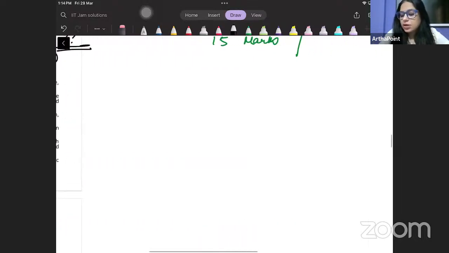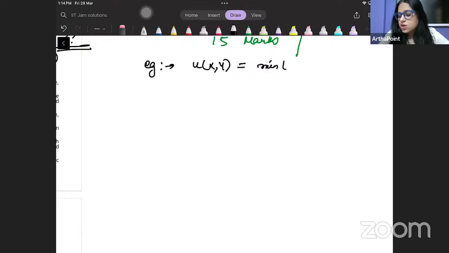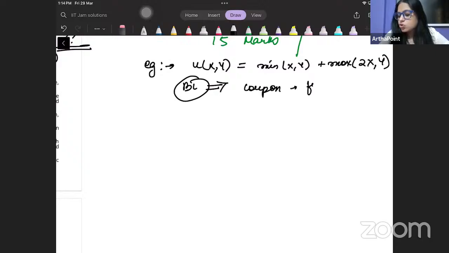So for example, we will do complicated questions like what happens when your utility function looks like min of xy plus max of 2x comma y. तो हम इस utility function को कैसे solve करेंगे? We will do that in class. We will also understand what happens to the budget line when there is a coupon given for the first 2 units, right?